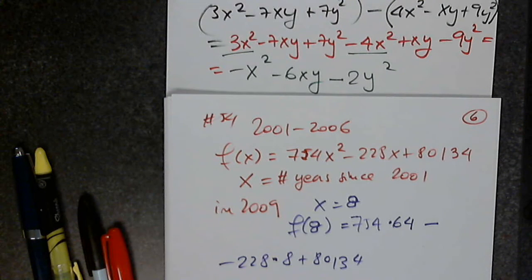In y equals, you clear if you have anything in there. And I would put this function in, which is 754 multiplied by x. This is x right here, squared, minus 228x, and plus 80,134.